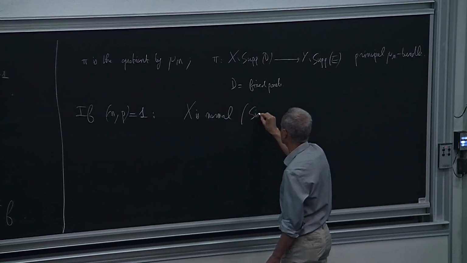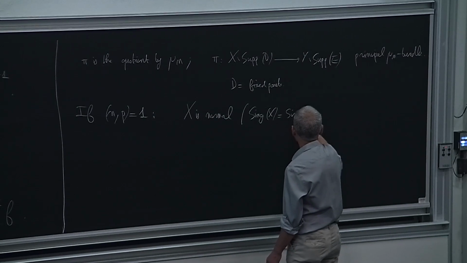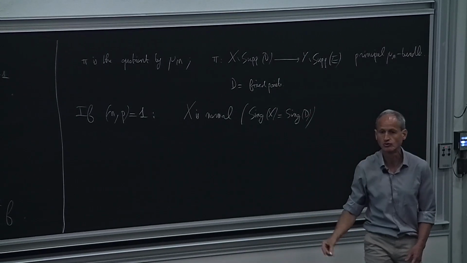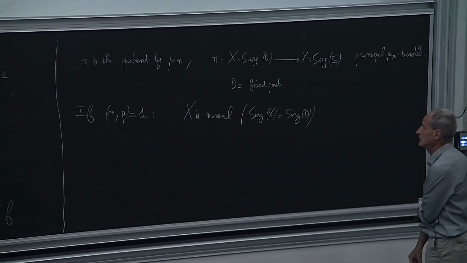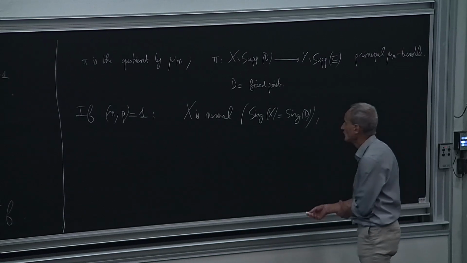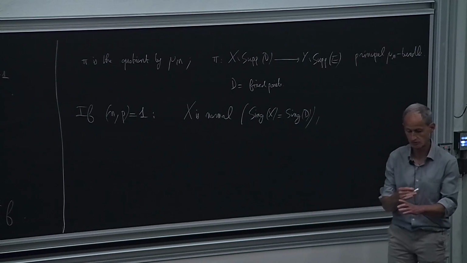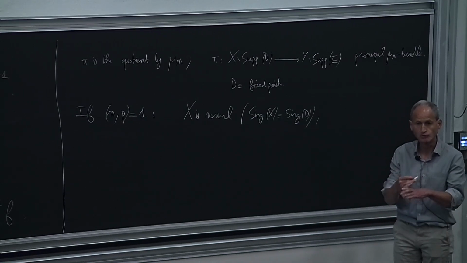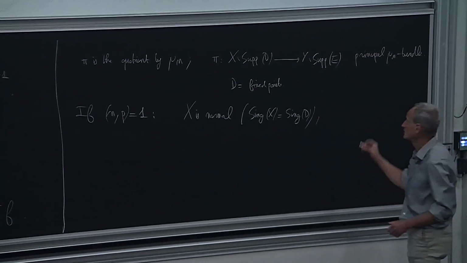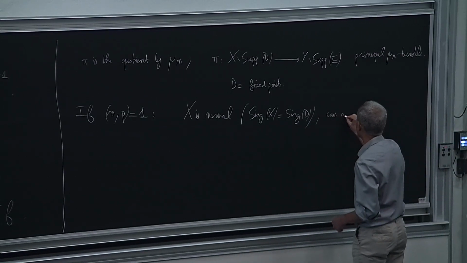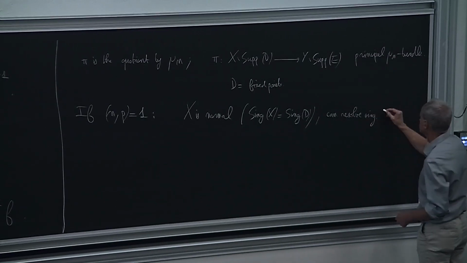The singular locus has codimension at least one in some varieties, and X is usually not smooth. For example, if you have a smooth divisor, because of this, you get singularities. But you can resolve singularities in characteristic 0.